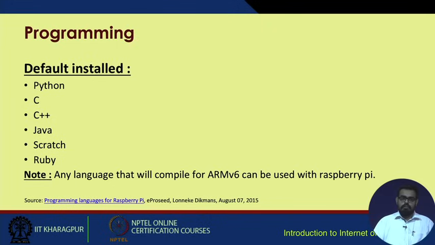So post this, as I've already told you, the basic default programming languages which are installed are Python, Java, C, C++, Scratch and Ruby. So more or less any language that will compile for ARM version 6 can be used easily with Raspberry Pi.